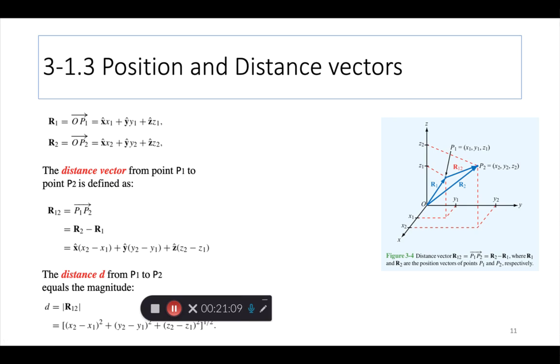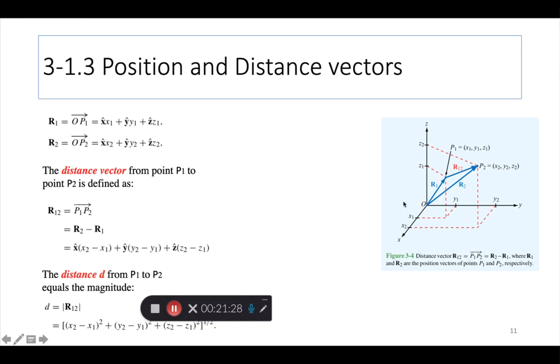Slide 11, continuing on the idea of position and distance vectors. So we just saw a position vector, right? For example, and now this is back to our textbook. When you see these kind of figures, you know we are back on our textbook because our textbook has a certain way they draw the figures, which is pretty nice.